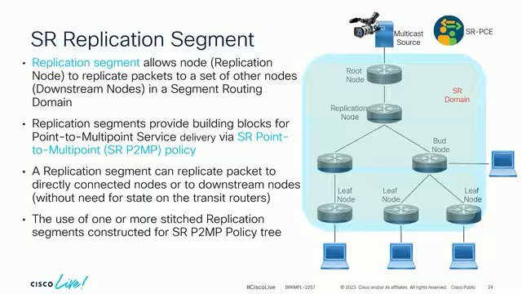So this tree segment ID or the replication segment ID has a forwarding semantic of replicating the packet and sending it to different downstream nodes. The list of downstream nodes can be programmed by the controller. By stitching all those replication segments together, from the root node to the set of leaf nodes, we'll be able to build the end-to-end point-to-multipoint tree.